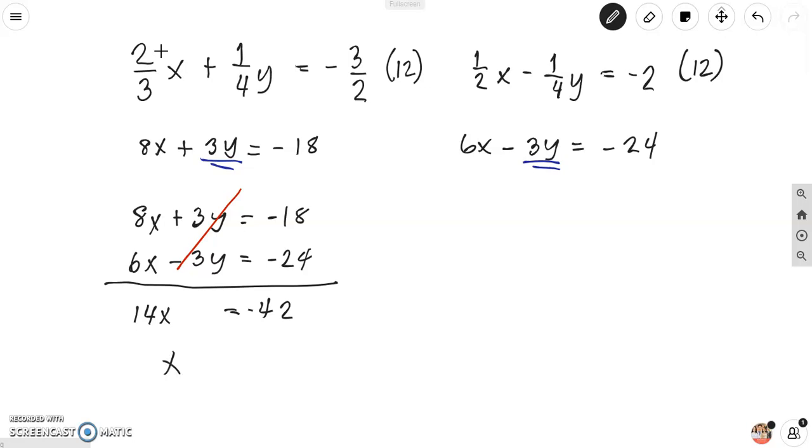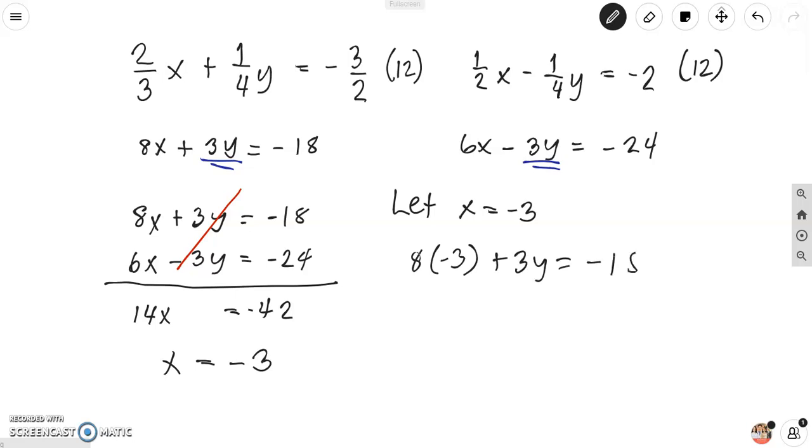So x now is equal to negative 3. Got it? So we let x equal negative 3 to solve for the equation. Let's use equation number 1. So 8 times negative 3 plus 3y equals negative 18.